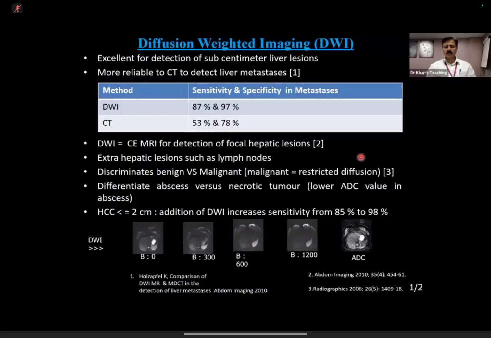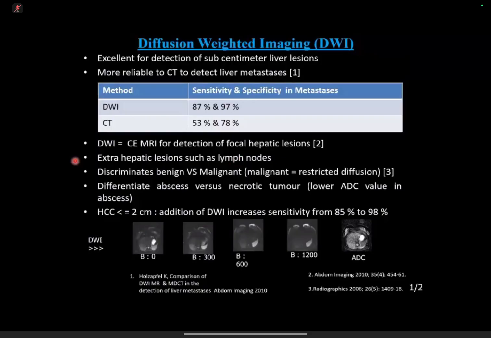Some people even think that if you just add diffusion weighted, it will increase your sensitivity greatly, not just for metastasis, but for lymphadenopathy, etc. It will show very well on a diffusion weighted sequence.